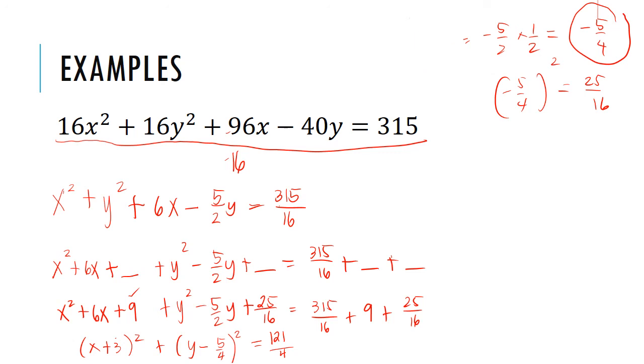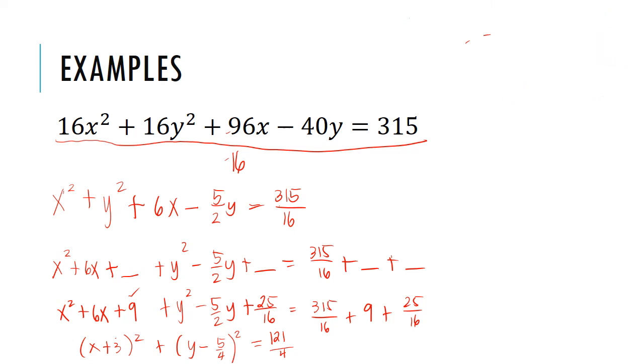Burahin ko dito, susulat ko na dito sa taas. Dito tayo sa taas, okay? So, nandito muna, x plus 3 squared equals y minus 5 all over 4 squared. Ay, plus. Plus equals.